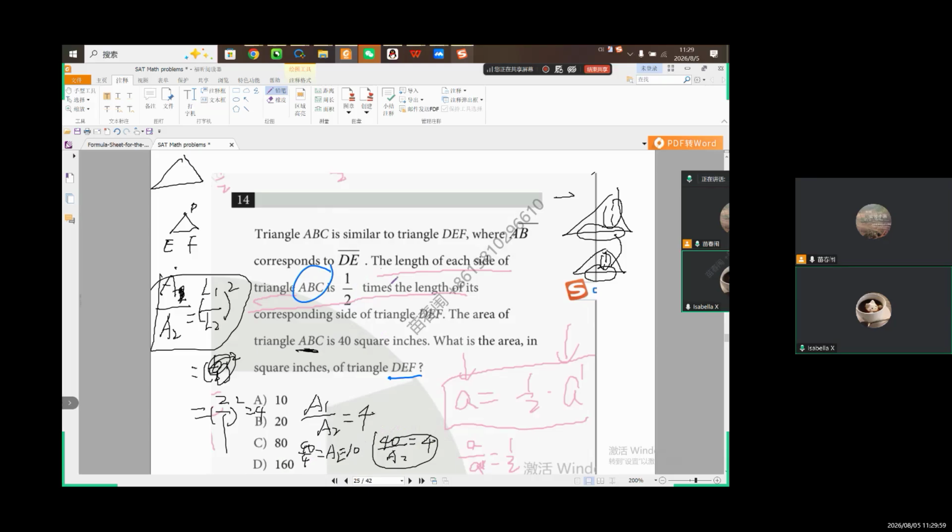ABC is the bigger one. You see, each side is 1 over 2 times. Isn't it the smaller one? Oh, then you're right. So the original is right, I should write 1 over 2. Yeah, exactly. Good. So that's 40, and that's A2, right?